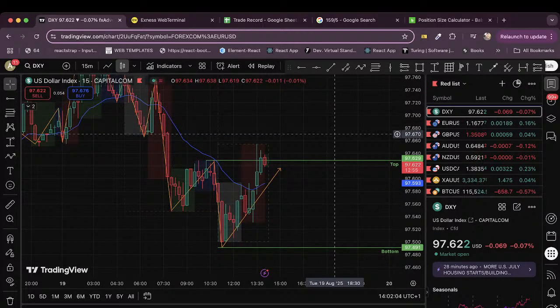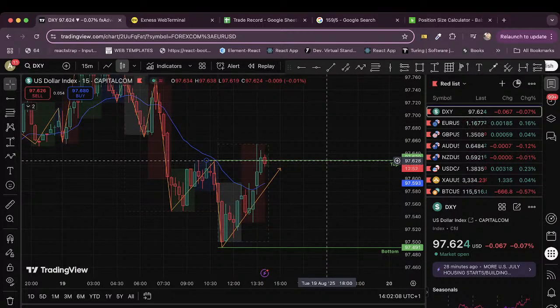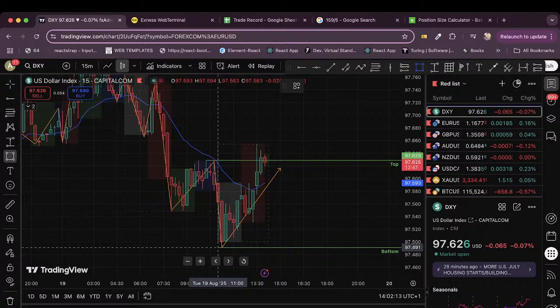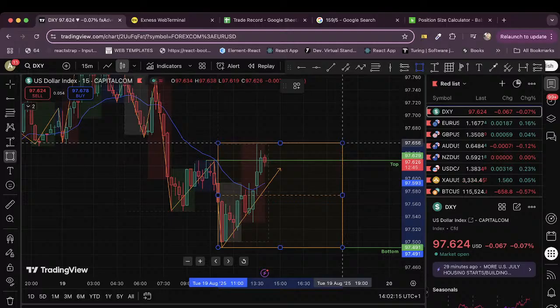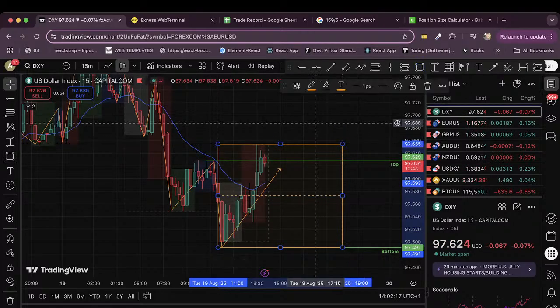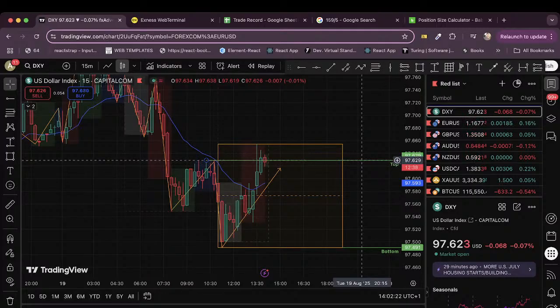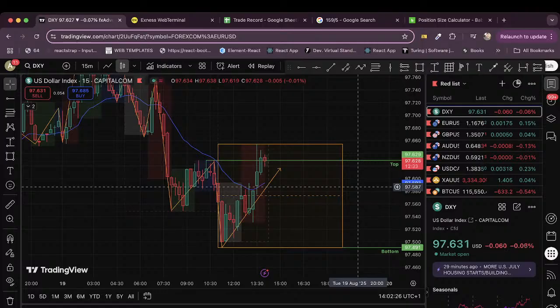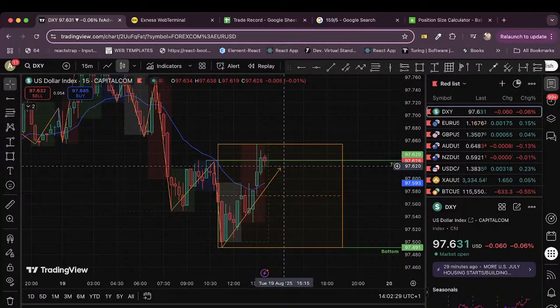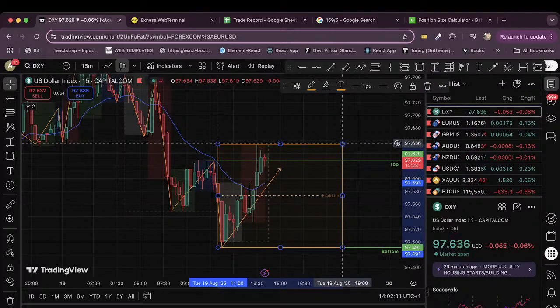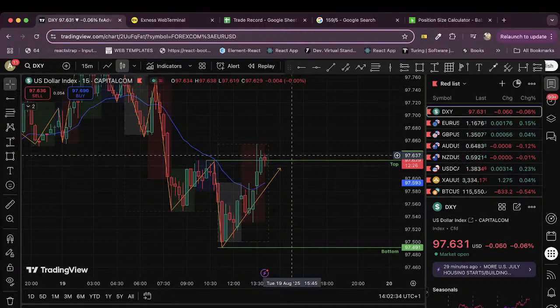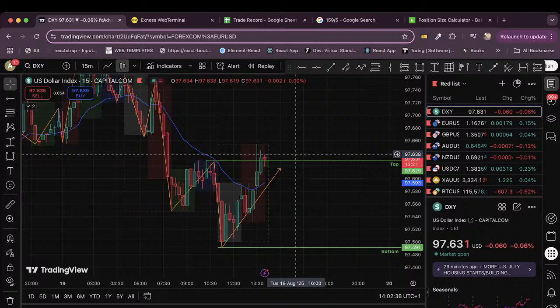So the good thing is that price broke and closed above the top. So the thing we should look out for now is a pullback, then a continuation.